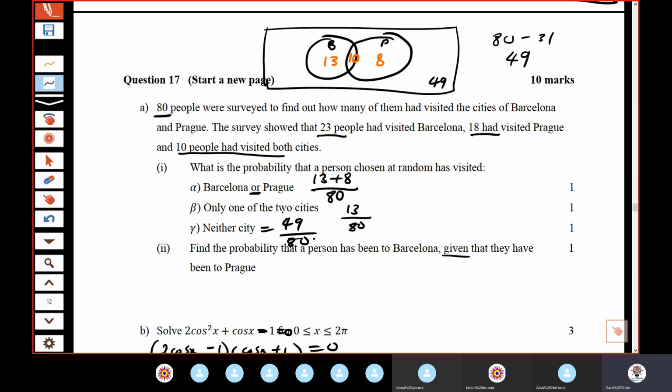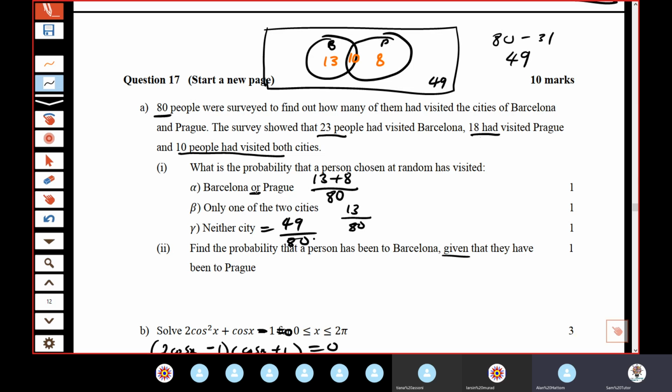Only one of the two cities. That should be. Isn't it the same as the other question, A?